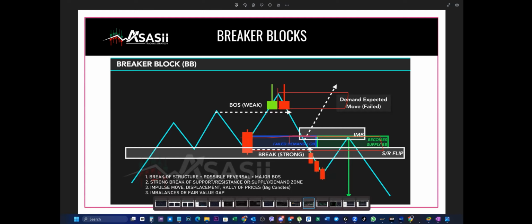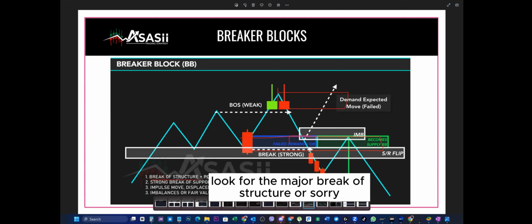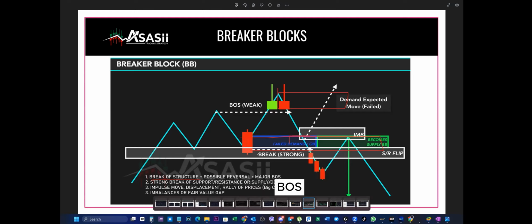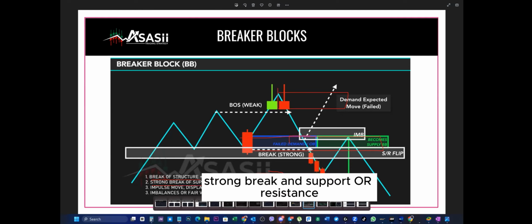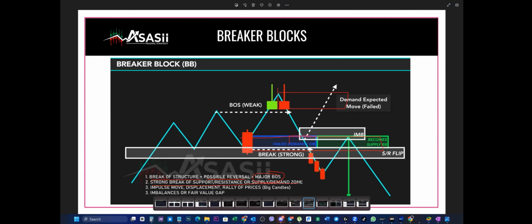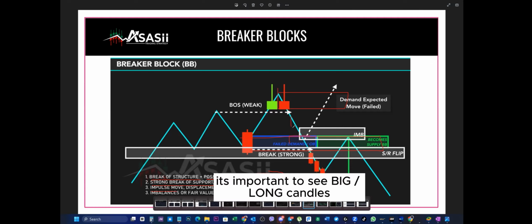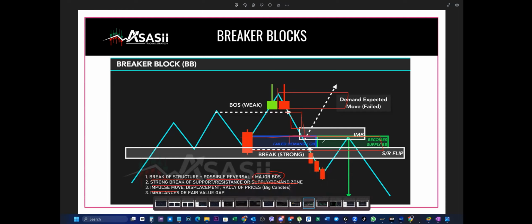So, ano yung criteria natin? First of all, look for the major breakup structure. Or sorry, breakup structure, possible reversal, kailangan mo ng major breakup structure. Then after that, strong break ng support and resistance. And in between, importante na makakita ka ng mga big candles.